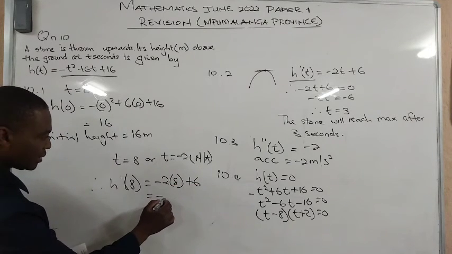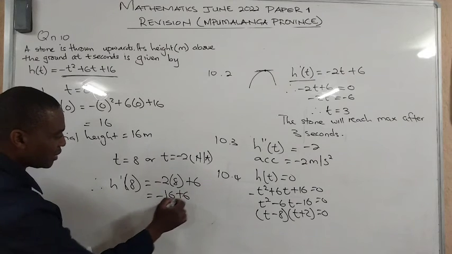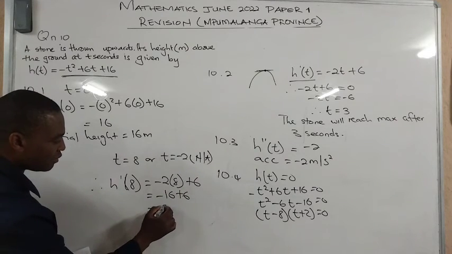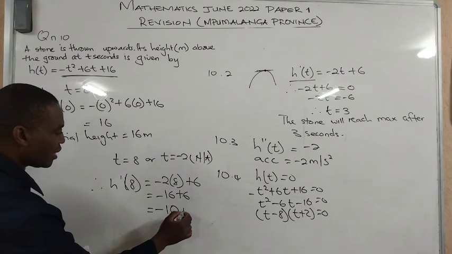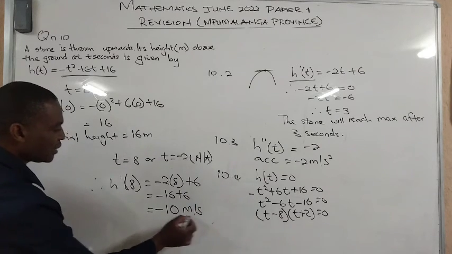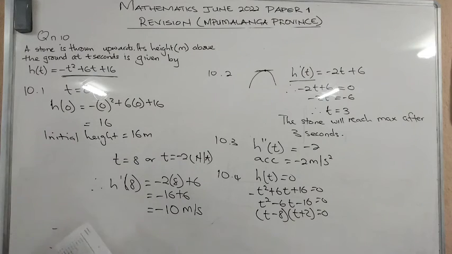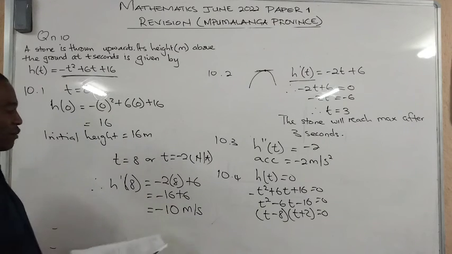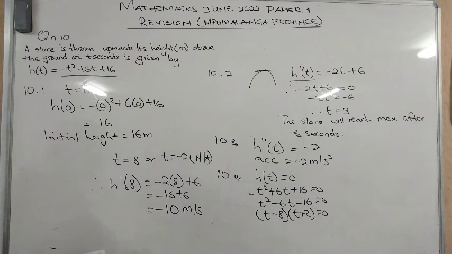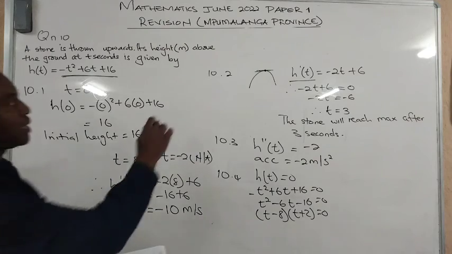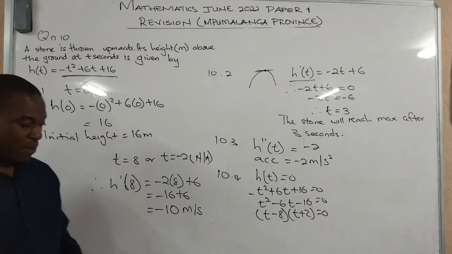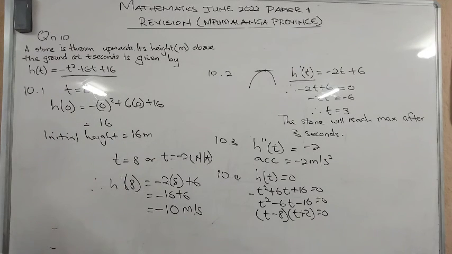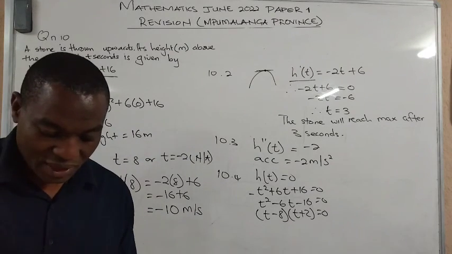That is minus 16 plus 6, which will give us -10. So -10 meters per second. So that is the velocity of the stone. It shows that it's coming down, it's not going up. So this is basically how you are supposed to answer question number 10.